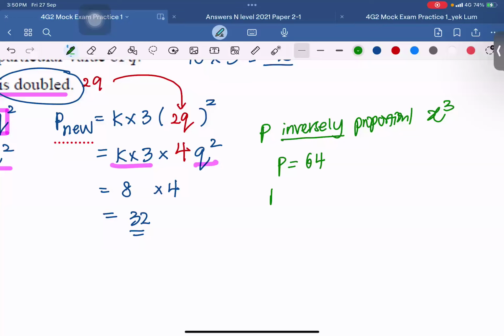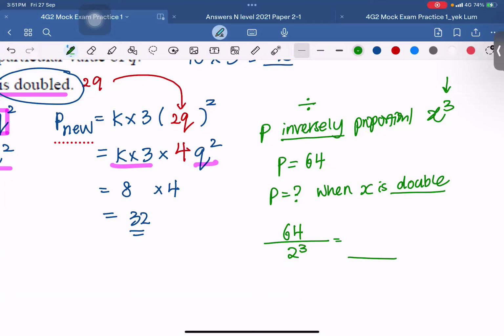Find the value of P when x is doubled. How to do? Take the value 64, inversely proportional, so I divide. Doubled, so divide by 2, but there's a power, so divide by 2 cubed. You will get your answer.